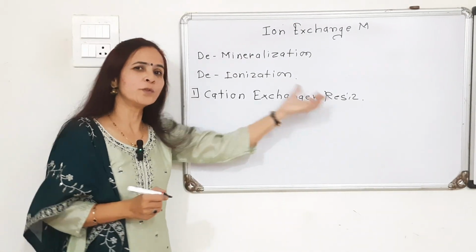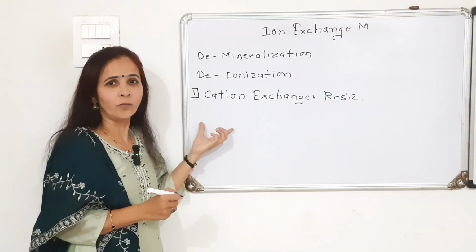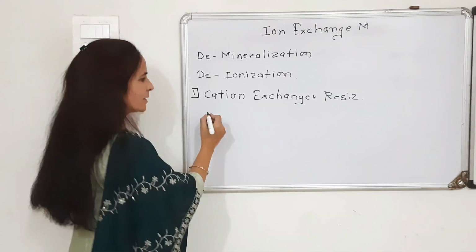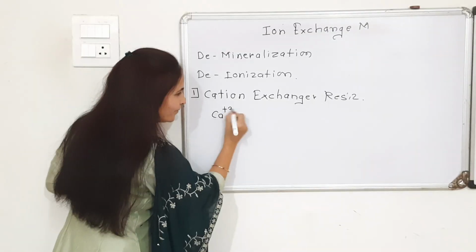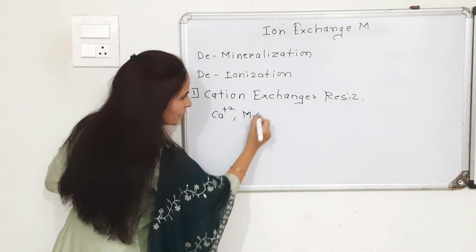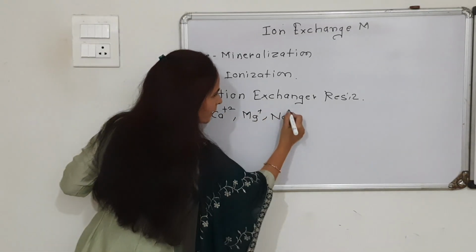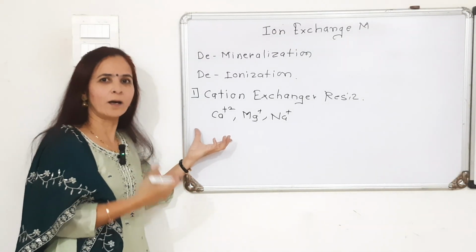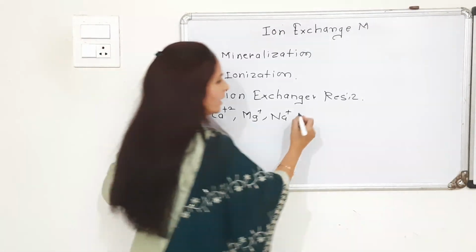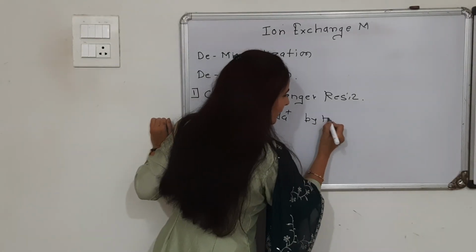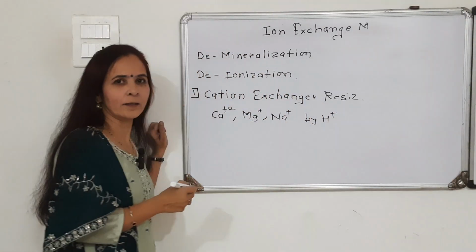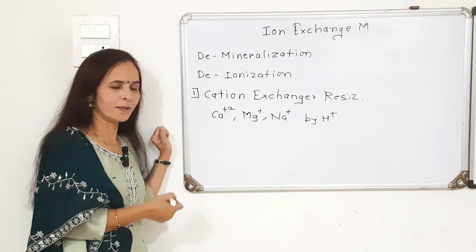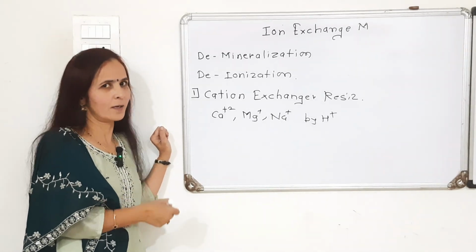The resins which have the capability to exchange the cations, that may be calcium, magnesium or sodium, present in the hard water, with H plus ions, that is known as a cation exchanger resin.